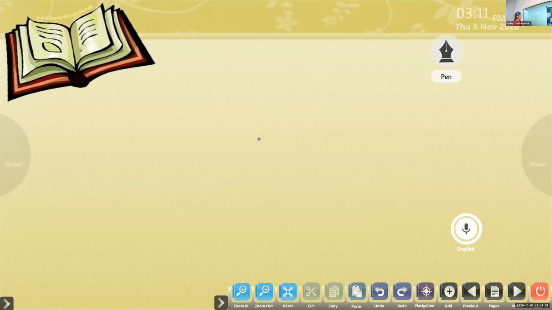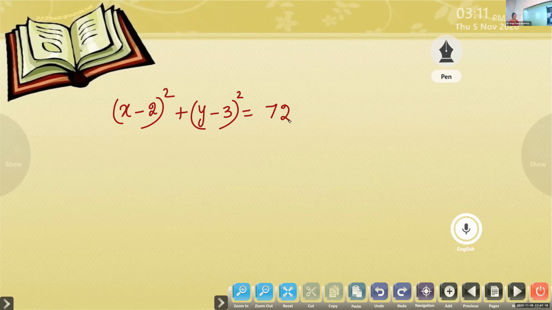The first one: x minus 2 the whole square plus y minus 3 the whole square is equal to 72.